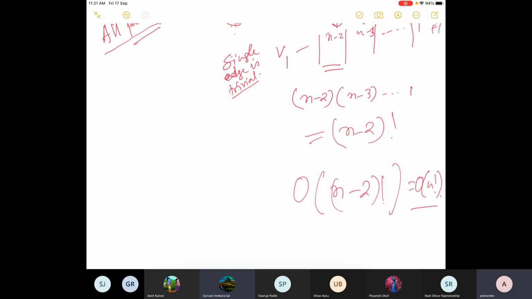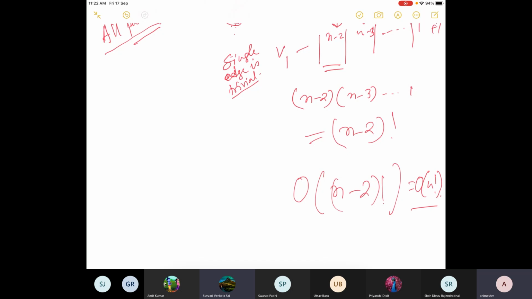Sir, order n factorial and order (n minus 2) factorial are different, right? Because it is n square times (n minus 2) factorial. I don't understand why they are different. Sir, (n minus 2) factorial multiplied by n minus 1 and n will give us n factorial.